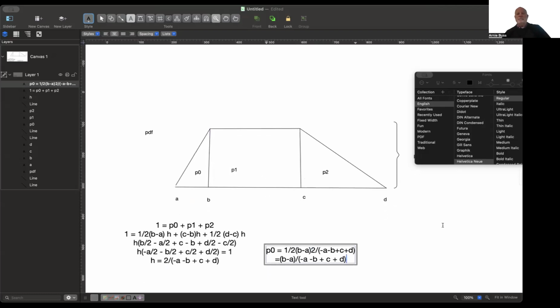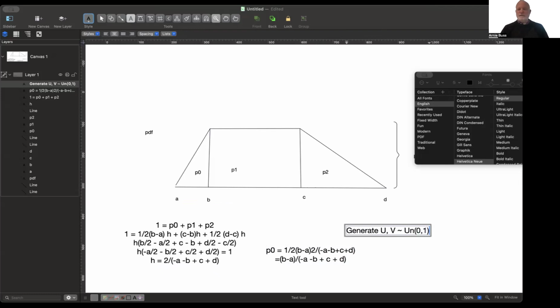So what my method is, therefore, is I want to generate a U and a V, and those are both going to be uniform 0 to 1.